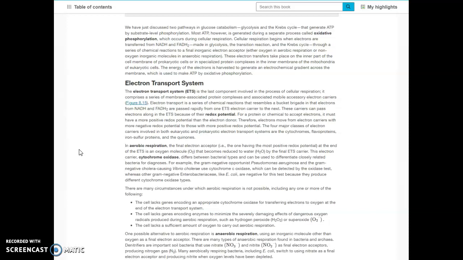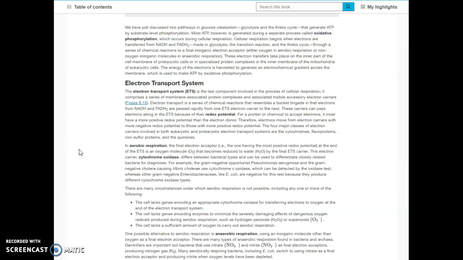There are two main pathways that we can take in the electron transport system, which is the process that gets us to the main ATP that we're producing. We can have aerobic respiration, which requires oxygen. Oxygen is going to hang out at the end of the process and accept those electrons. It has a lot of redox potential.